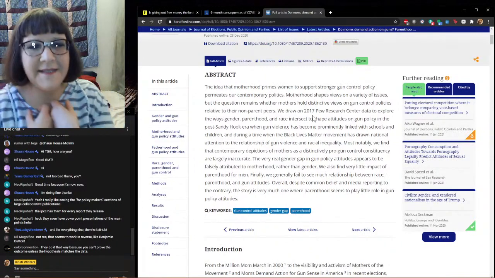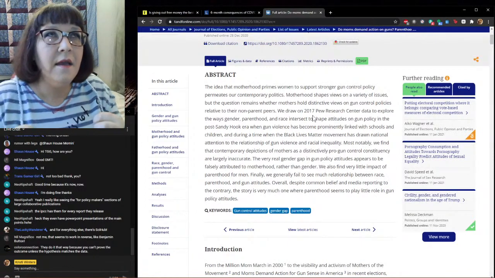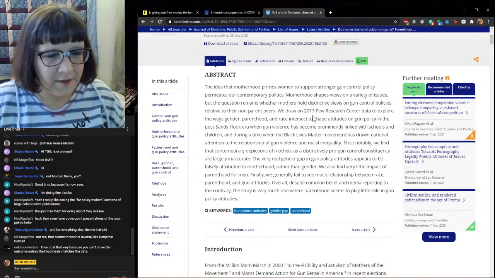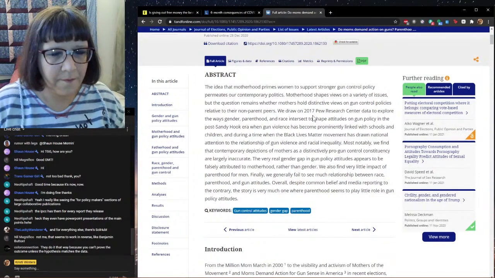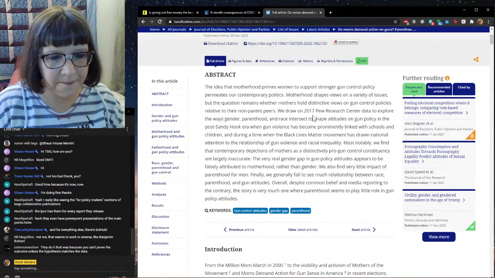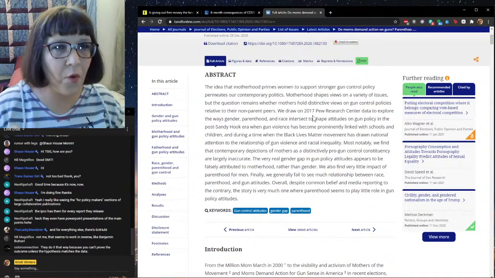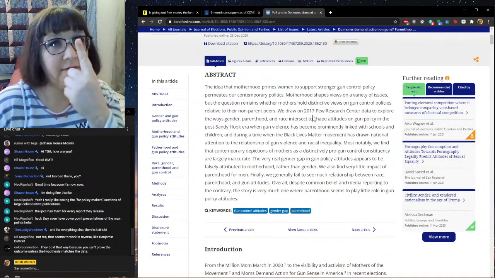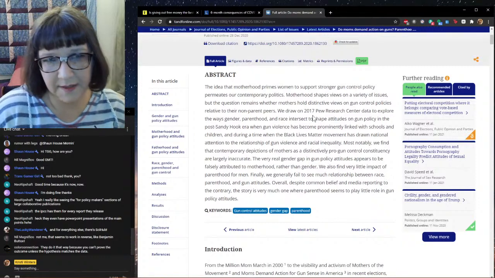This is the kind of geek I am. This is an interesting question to me because we often have examples in society where a group of mothers predominantly will use their position as mothers to stake a moral high ground on an issue. Mothers Against Drunk Driving, MADD, right? Mothers Against Gun Violence.